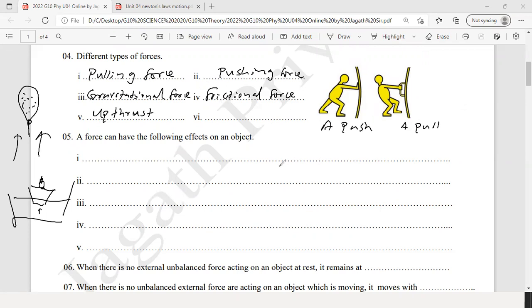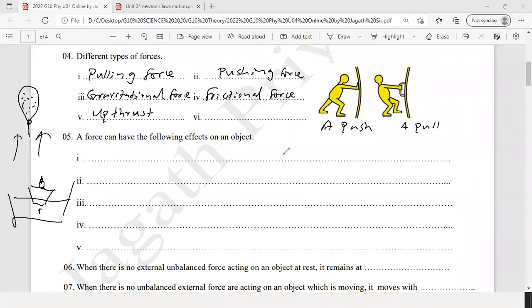Now, when you stretch the rubber band, there's a force exerted. What is this force on the rubber band called? Anyone?